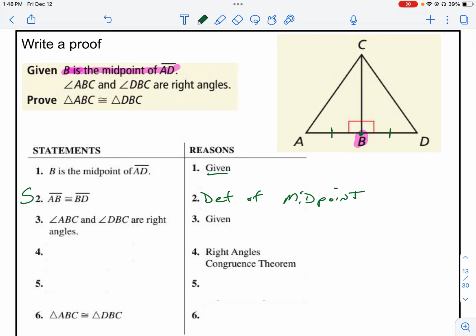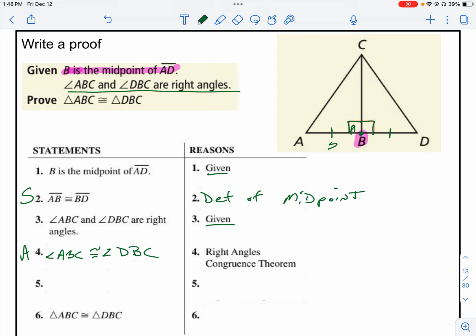Angle ABC and angle DBC are right angles. That was given to us up here, so we're going to use that. So angle ABC is congruent to angle DBC because of the right angle congruence theorem that says all right angles are congruent to all other right angles. So we have a side, we have an angle.